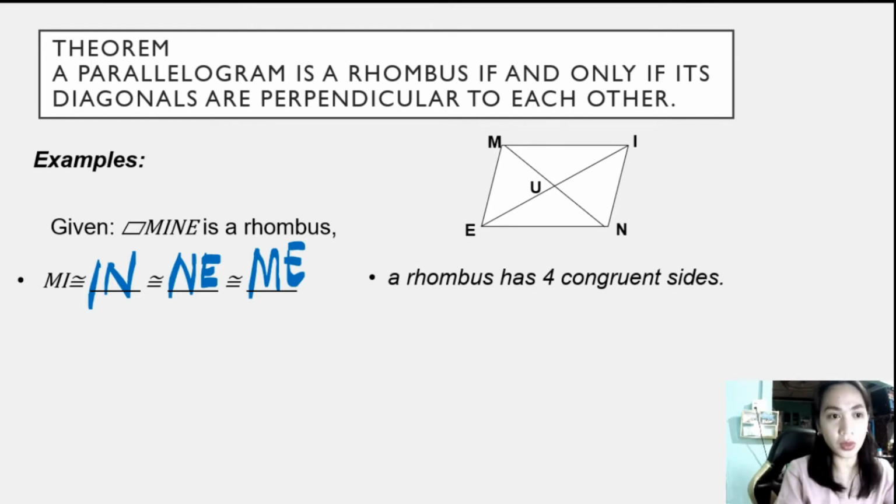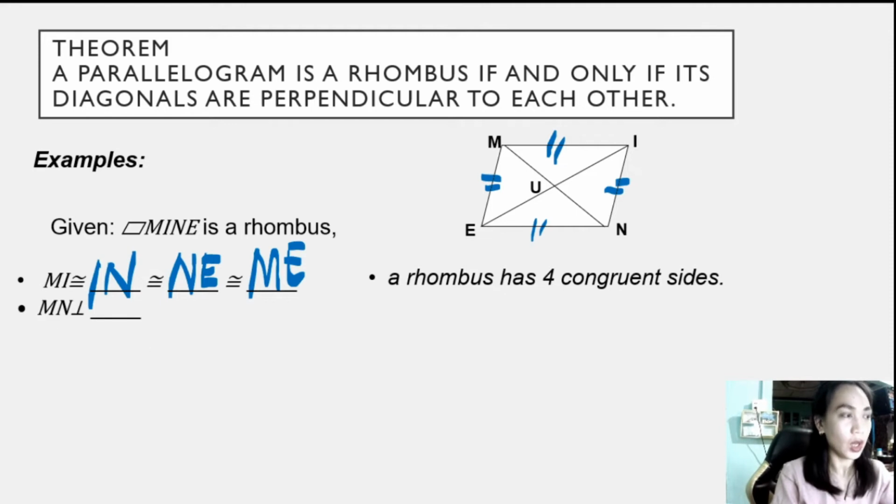Because a rhombus has 4 congruent sides. Okay? So, lahat ng sides ni rhombus is congruent to each other. If the measure of MI is 5, same with IN, same with NE, same with ME, lahat sila 5 ang measure. Next, you have the MN. MN is perpendicular to, the answer is IE. Okay?